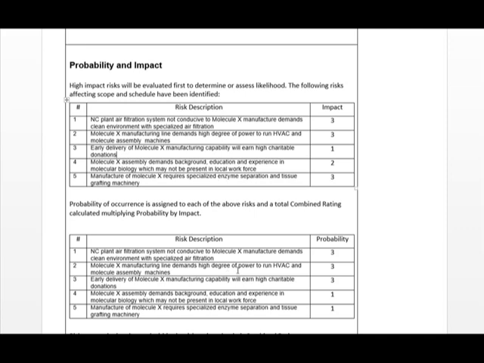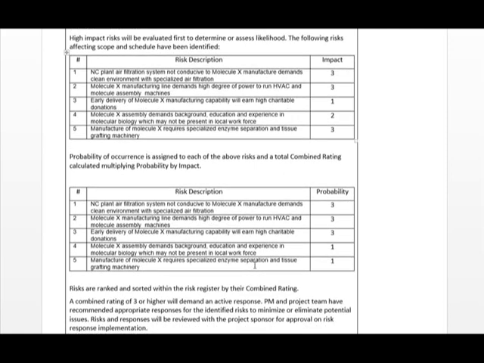We don't know, but we're going to assign a high level of probability that the manufacturing line will demand more power than is available, and a low probability to the background education experience in molecular biology because it's in North Carolina. That area of North Carolina is the Golden Triangle. There's 3 universities doing a lot of engineering. We believe that we will have appropriate resources.